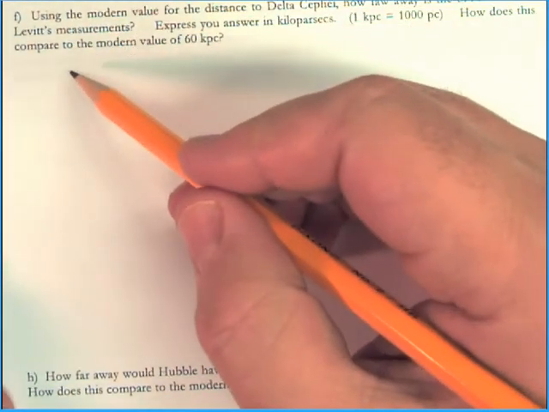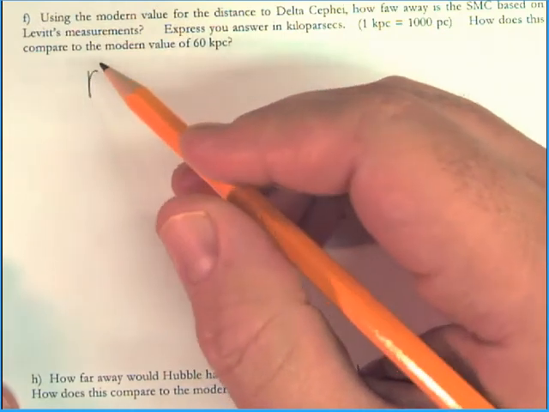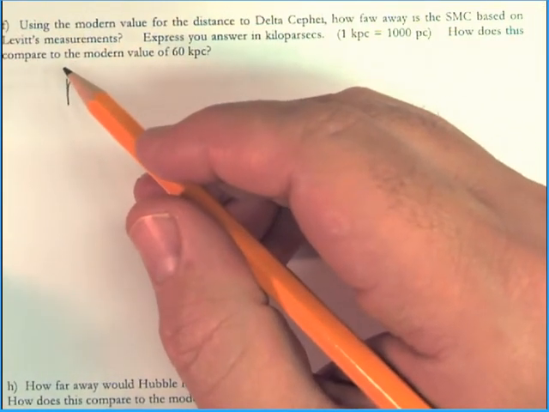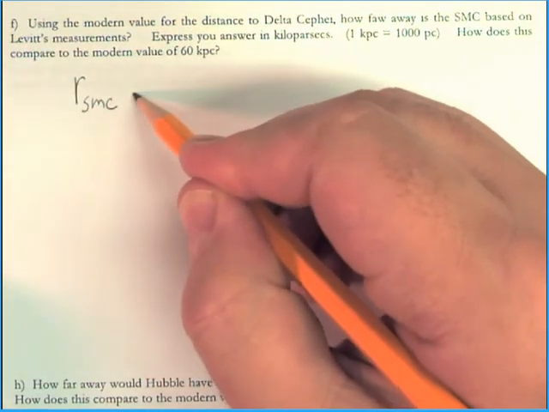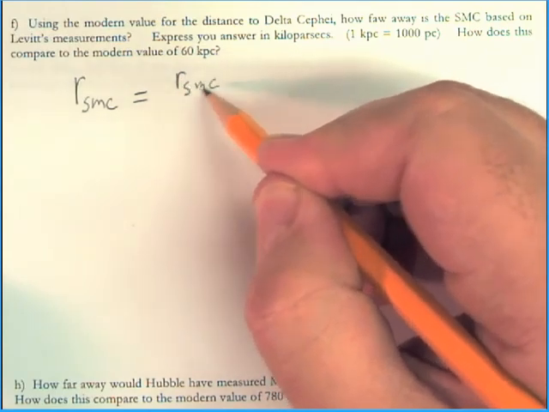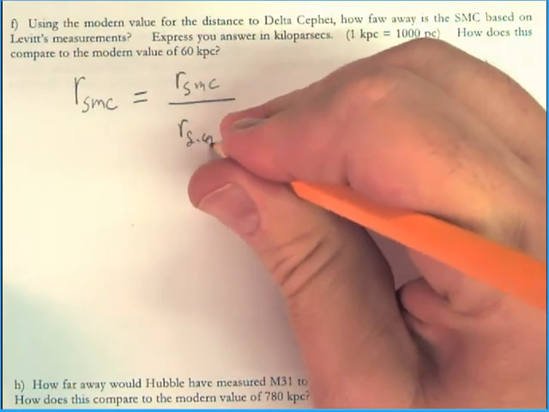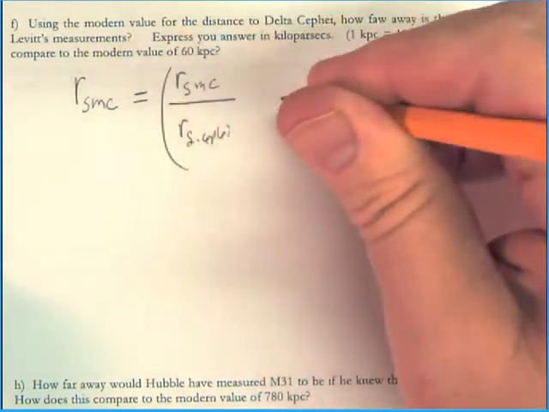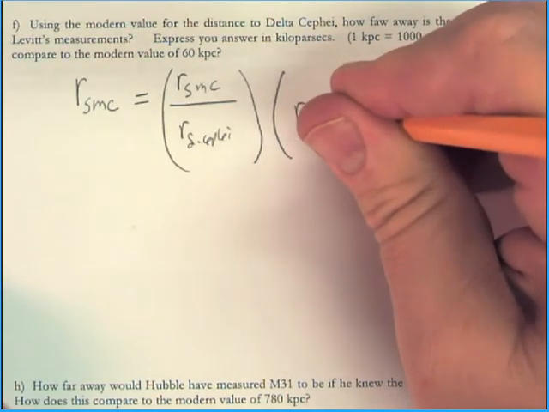So we know that the distance to the SMC is equal to the ratio of the distance to the SMC divided by the distance to delta Cepheid times the distance to delta Cepheid.